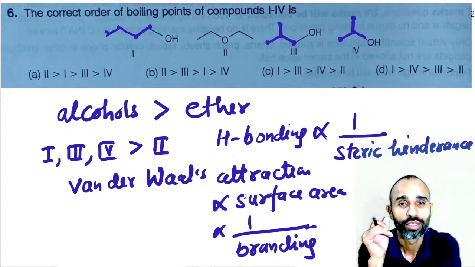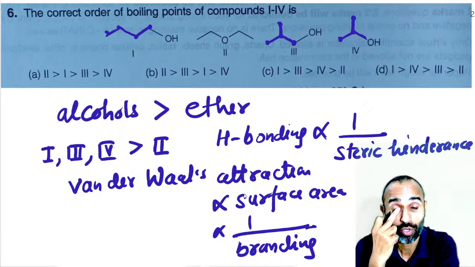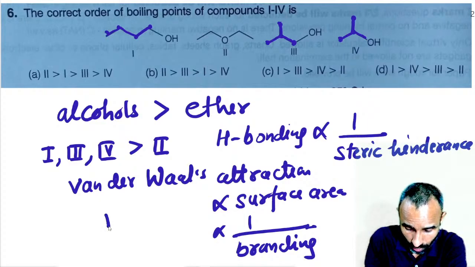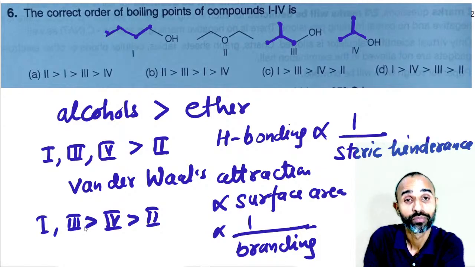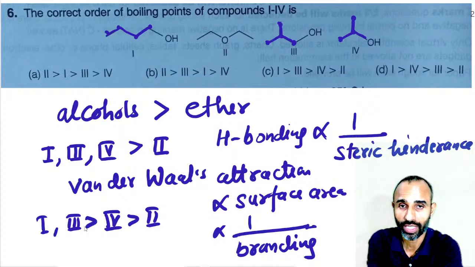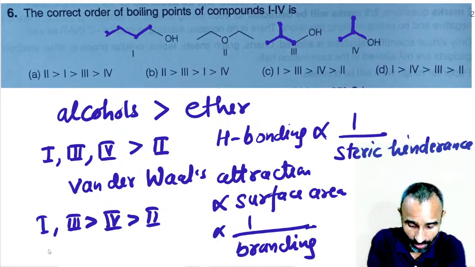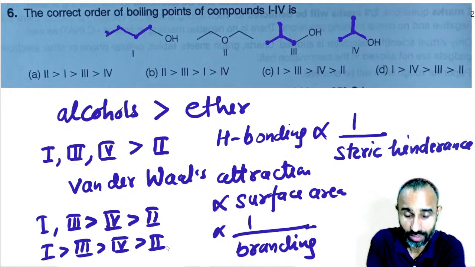So fourth has least number of carbons, has less molecular mass. So fourth is less than first and third. Now in first and third there is branching. In first case it is linear chain, in third there is a branch, and that's why first is more than third, then it is fourth, and then second.